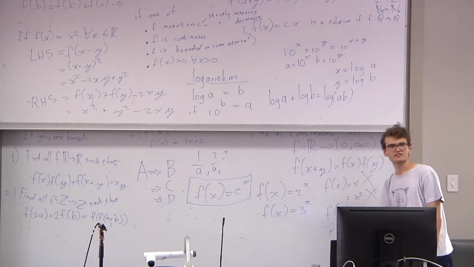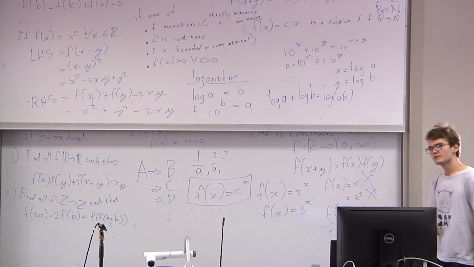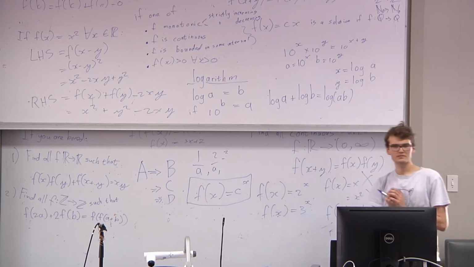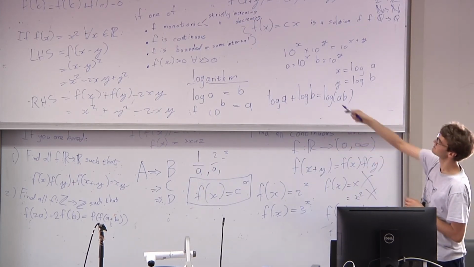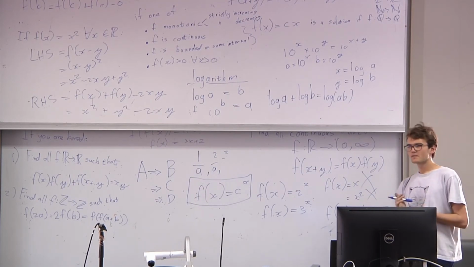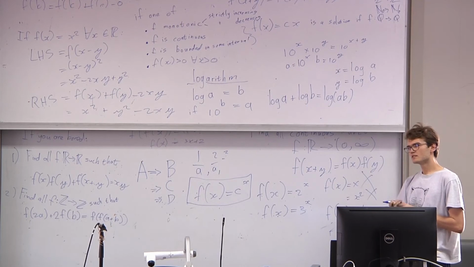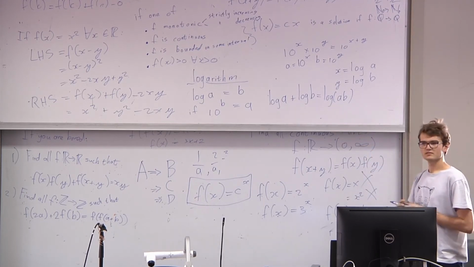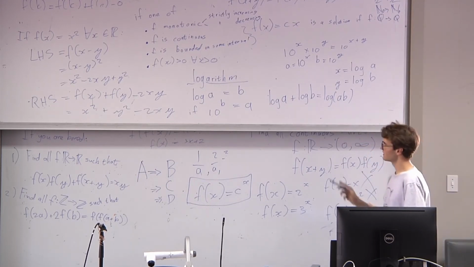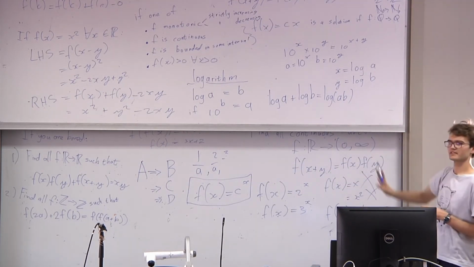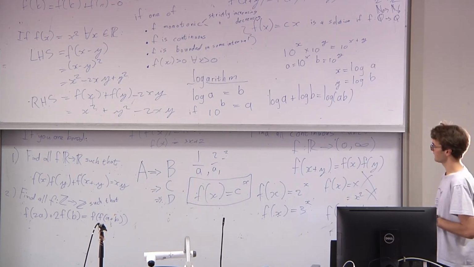So here you're given that f is a continuous function. Why would I do that when we've just covered Cauchy functions for real numbers with those conditions over there? Okay, so one of the conditions of the Cauchy function for real values was that if f is continuous, then f of x equals cx is a solution.